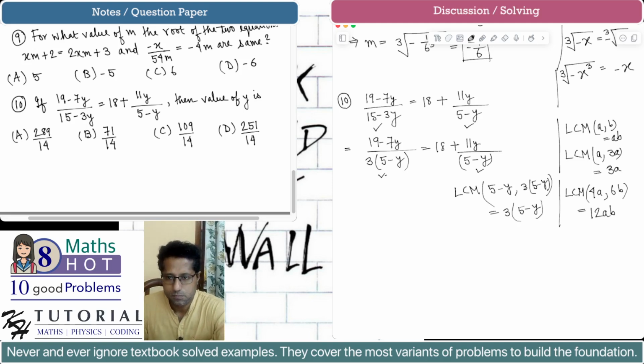So we can multiply both the sides with 3 into 5 minus y. So this is one way of doing. The other way of doing is that you can bring the second rational term to the left hand side and simplify the two rational terms that have the variable y.